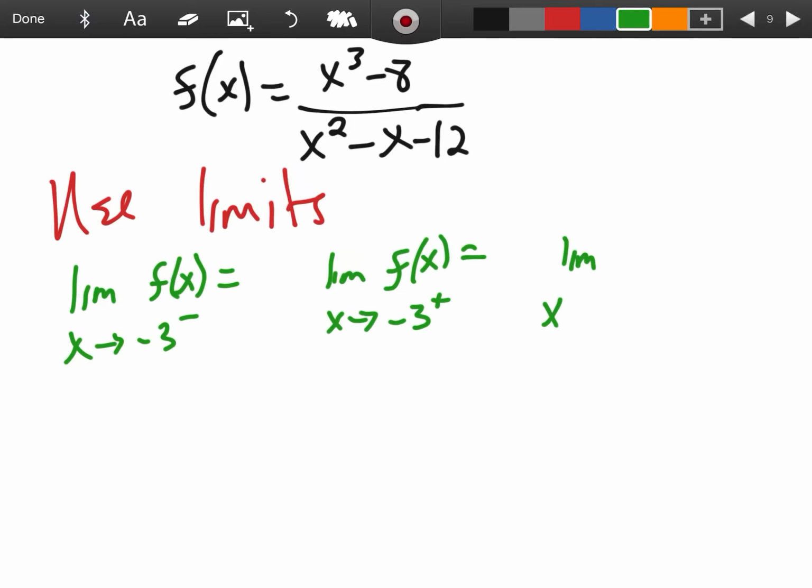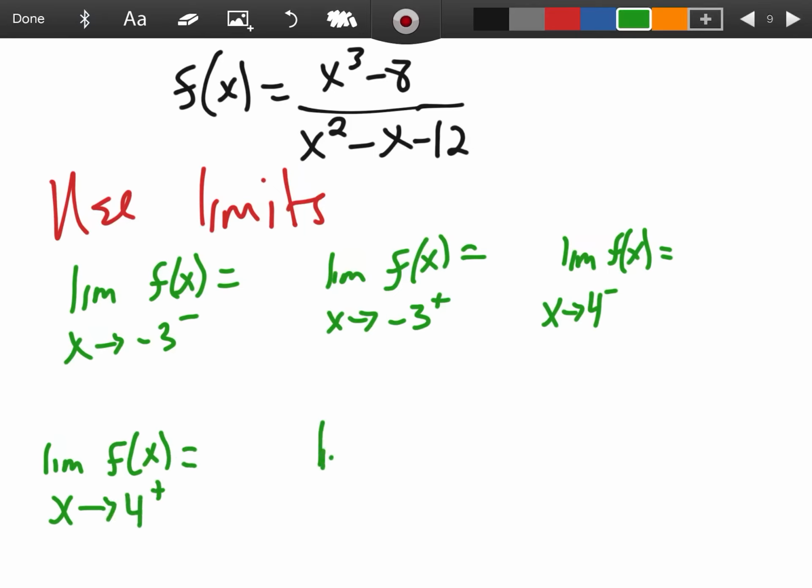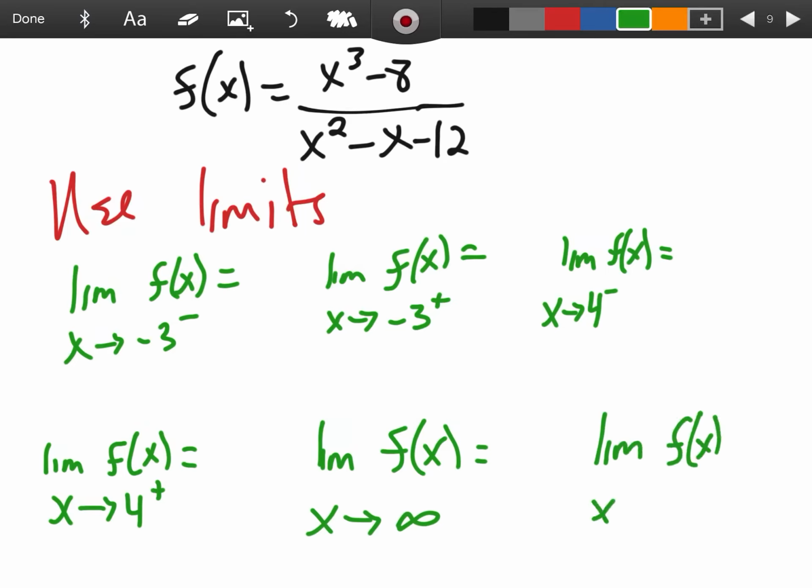We'll approach that from the left, and we'll approach that from the right. Limit of f of x as x approaches 4 from the right. And then our end behavior. What's happening as x goes to infinity? What's happening as x goes to negative infinity? All right, this is going to be some exciting stuff.